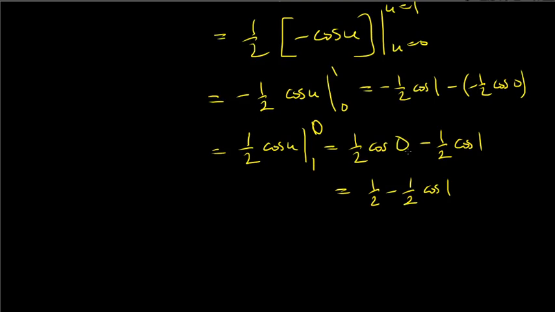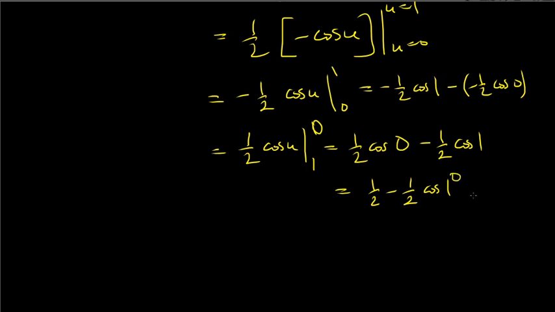And the cosine of 1, well, what is the cosine of 1? Okay, so it's about 0.54. If you're getting 0.9998, remember this is not 1 degree, right?